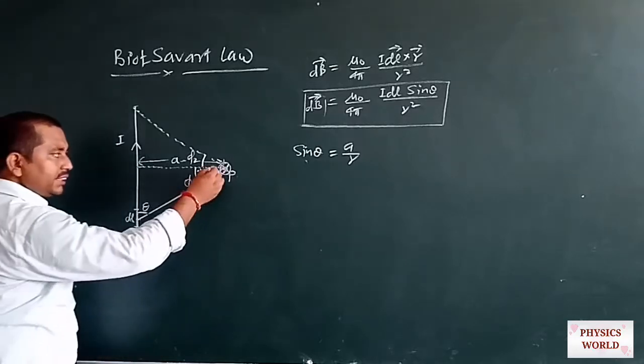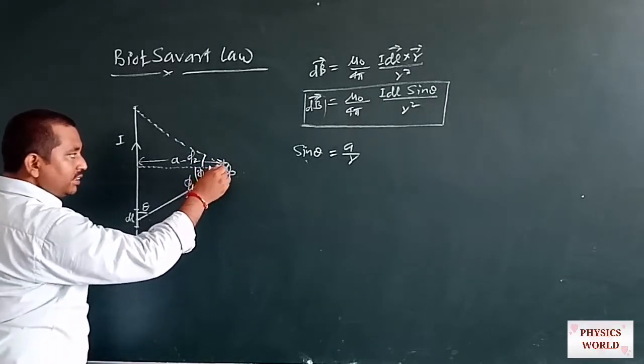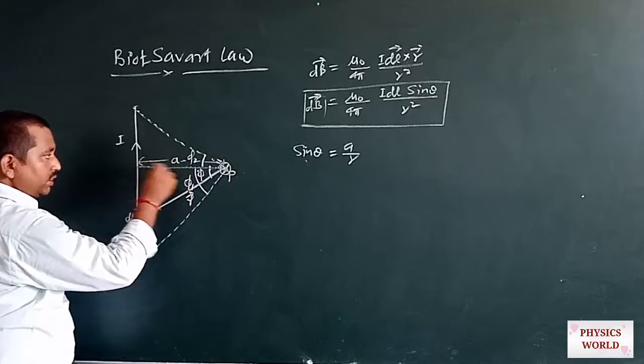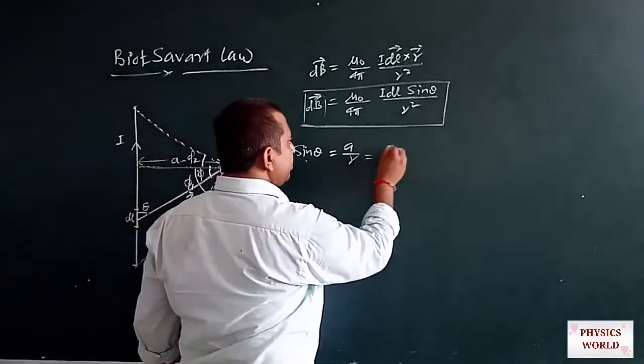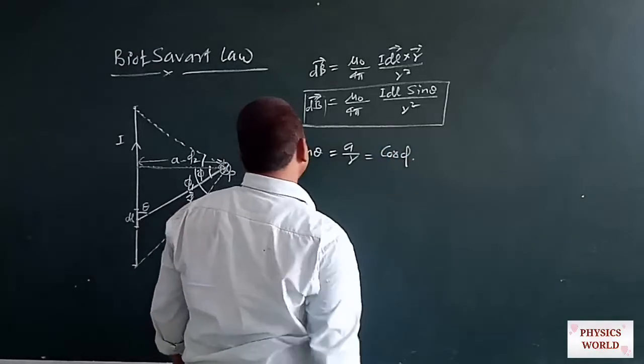And if we take this angle as phi, then we also get cos of phi is equal to a by r. So this can be written as cos of phi.